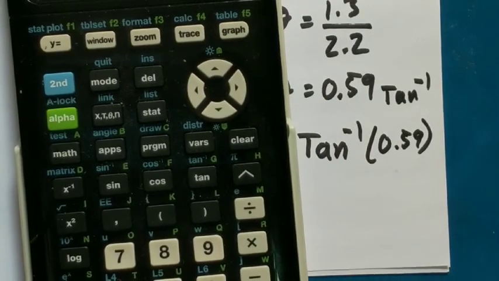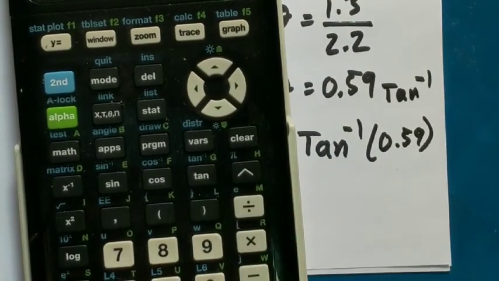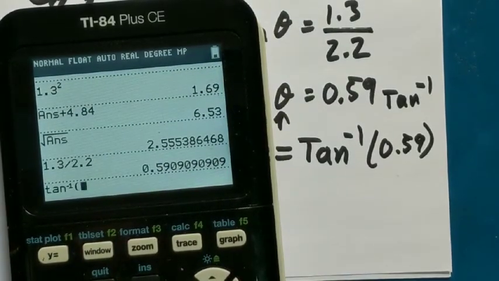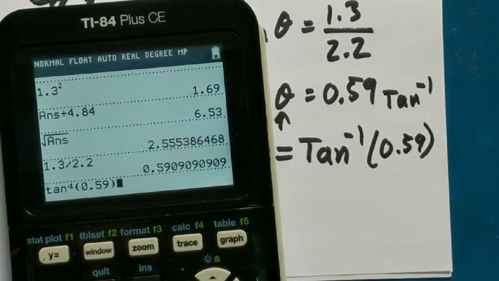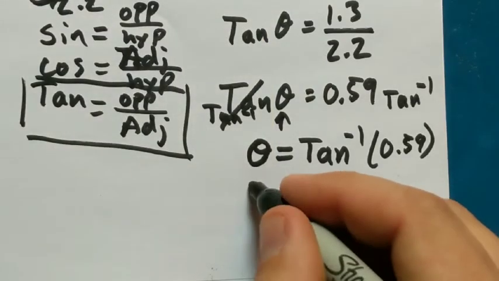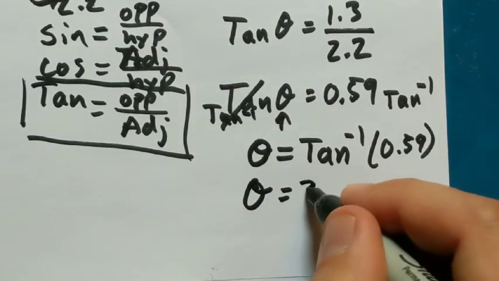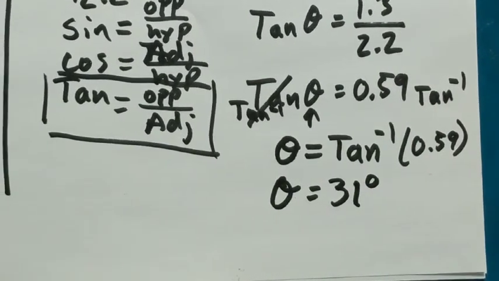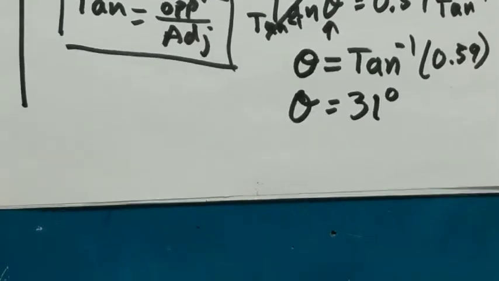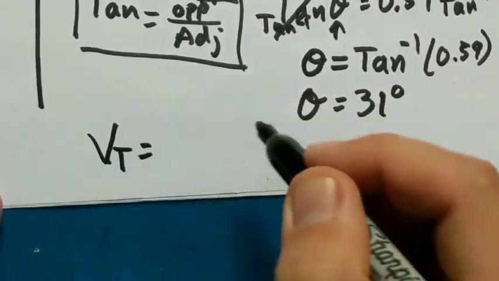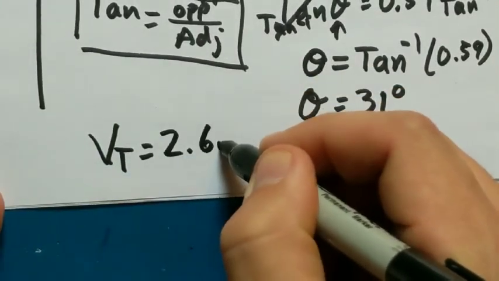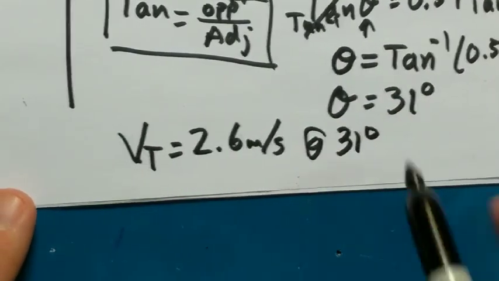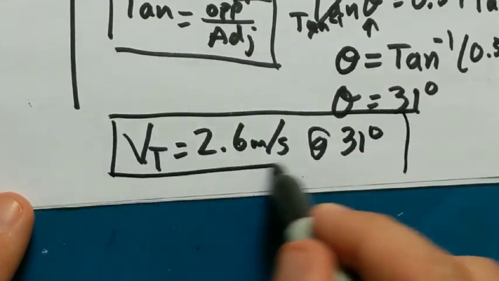Usually if you can find your tangent button, it's the one above it. So second tangent, 0.59, and that gives me the angle. My theta is 31 degrees. So now I know that my total velocity is 2.6 meters per second at 31 degrees. And that would be my final answer.